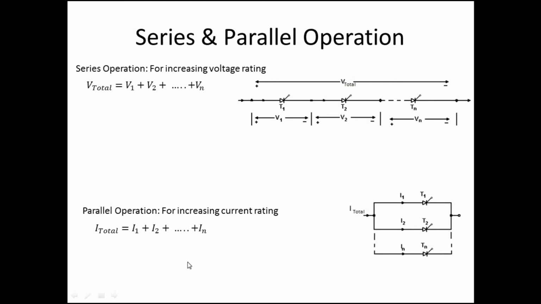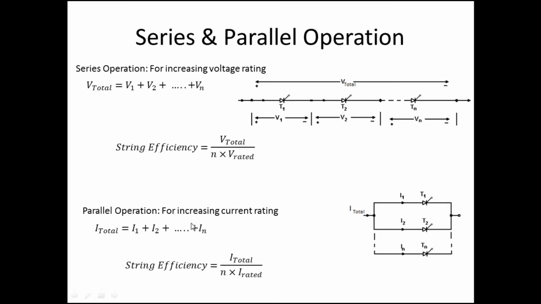Again, this uses thyristors having the same voltage rating, and the efficiency of this operation depends upon the string efficiency, which is equal to V total divided by N into V rated, where V total is the total voltage, N is the number of thyristors used, and V rated is the rated voltage of one thyristor.